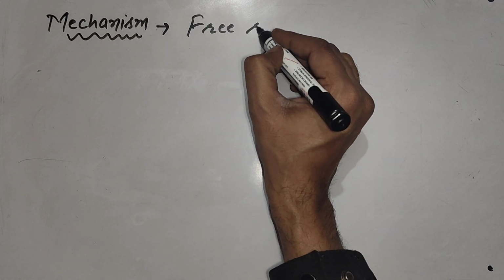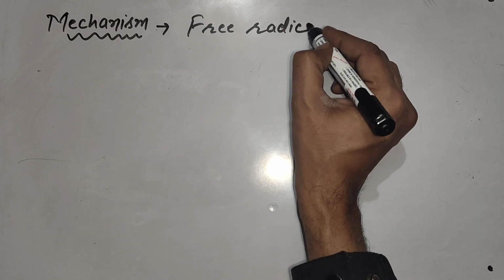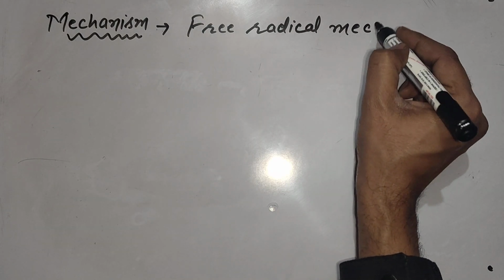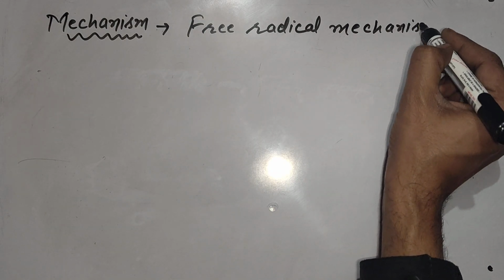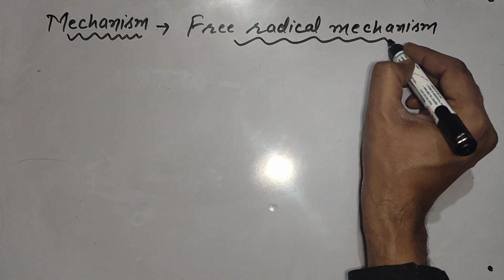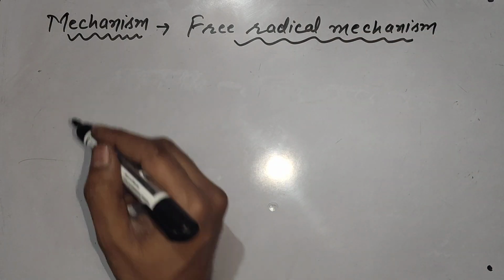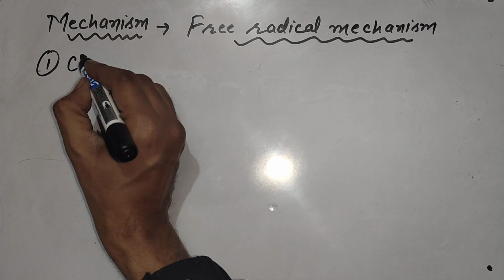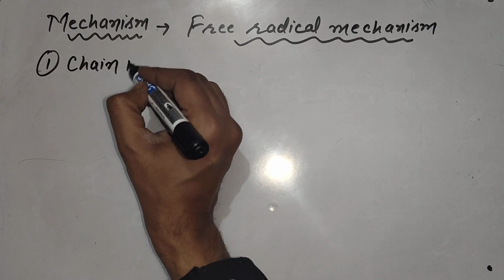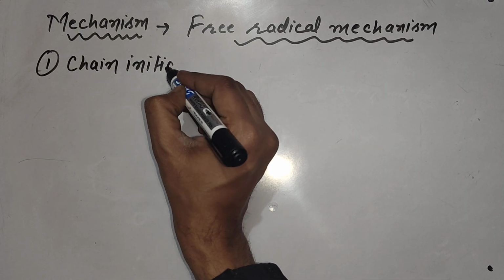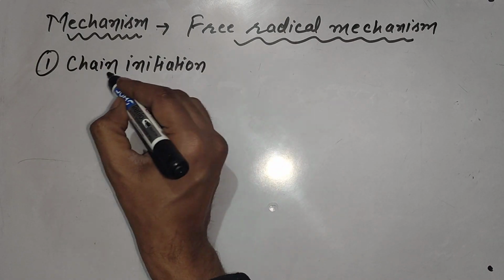It is happening through a free radical mechanism. And I told you free radical mechanism happens in 3 steps. Step number 1, chain initiation. Start of the reaction.